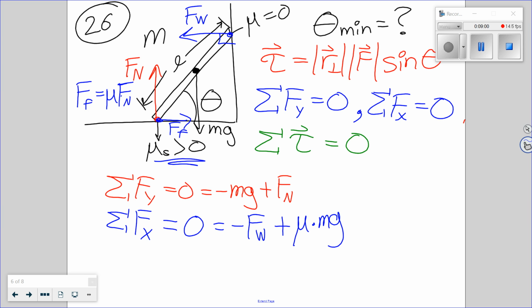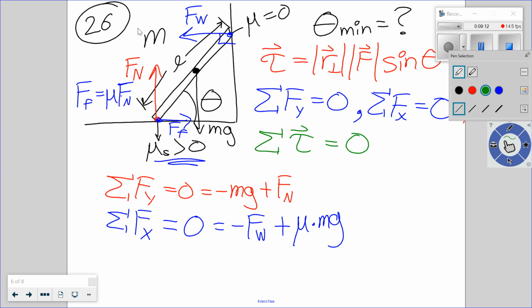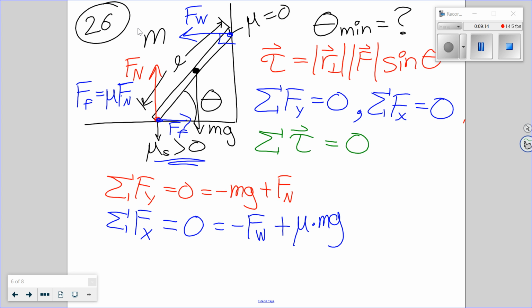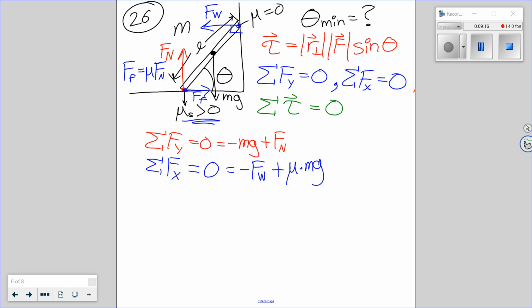Ready for the real fun to begin? Okay, and we've got maybe 5-6 minutes. The sum of the torques has got to be 0.